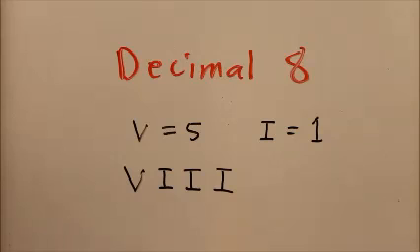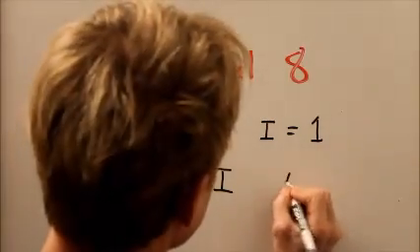VIII. And that goes according to the rules of Roman numerals. That's what the decimal 8 looks like, and that's what the octal 10 would look like. Not XIII, pardon me, VIII. That is choice E.